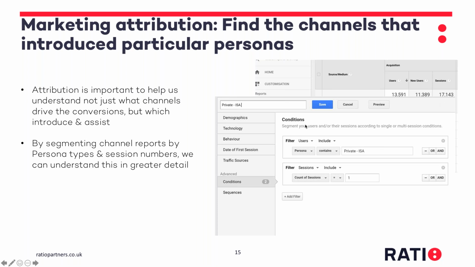And in this segment, what I'm doing is saying, hey, show me the marketing channels for users that have the persona of private ISA. So it could be for an investment firm, for argument's sake, and show me only information in this report that relates to that persona's first visit to the website. And so what that report would then be doing is showing us the marketing channels that brought that persona type to the website on their first visit.